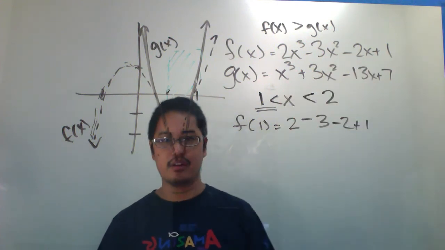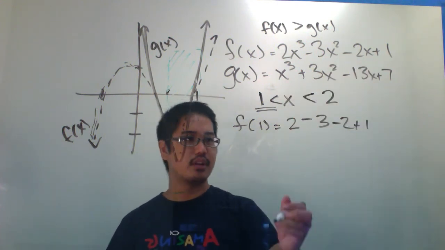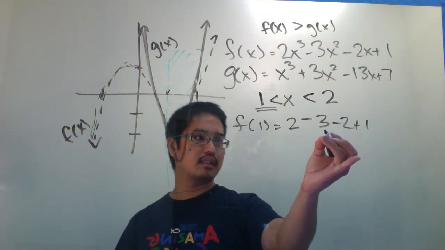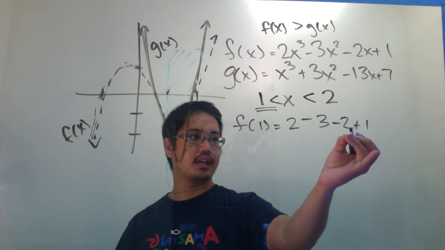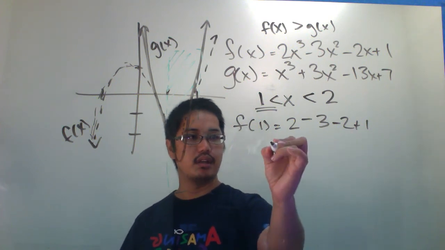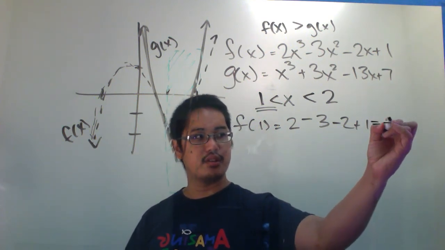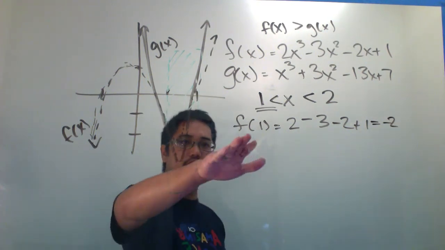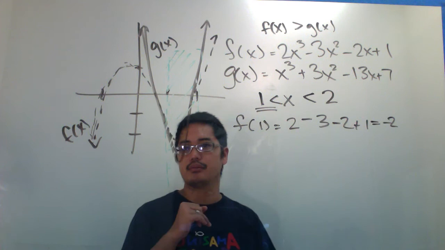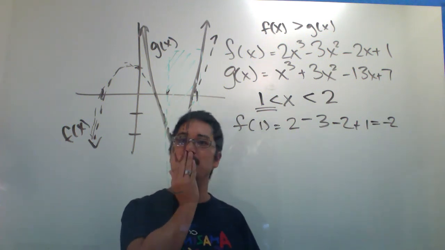You just multiply it all out. 2 minus 3 is negative 1, minus 2 is negative 3, plus 1 is negative 2. So this is equal to negative 2. So the y value of f at x equals 1 is negative 2. Does that make sense?